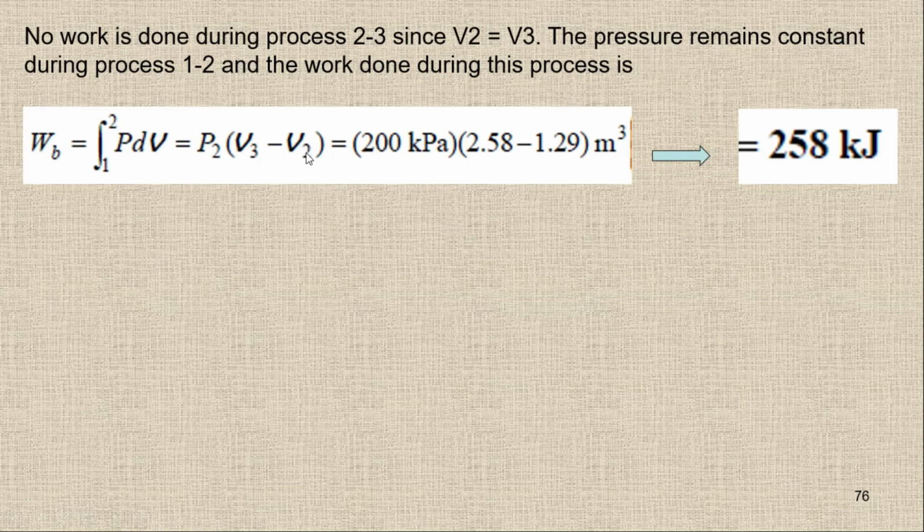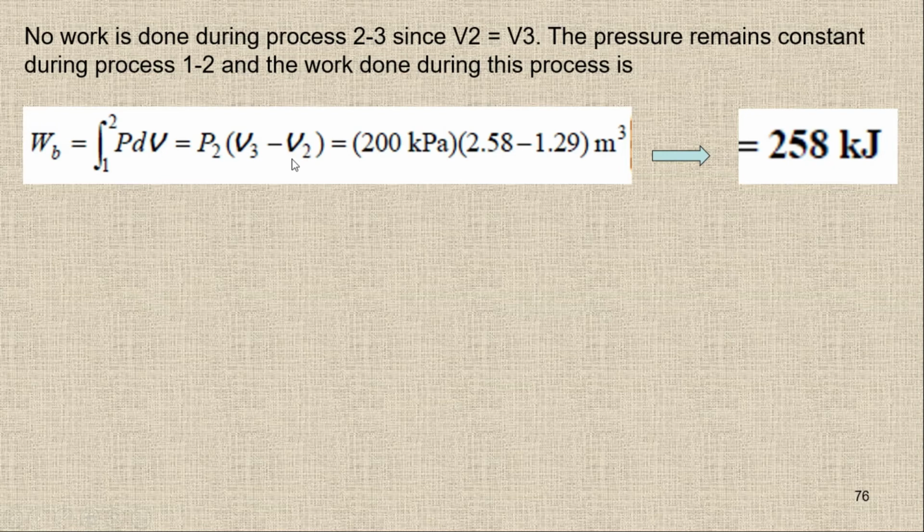By mistake I've written V2 here, because V3 and V2 are the same. This is basically V1. So we have either V2 or V3, both have the same value, but this one is V1. So P times V2 minus V1 or P times V3 minus V1, you will get the same answer. So the boundary work is equal to 258 kilojoule. So please remember that this one is V1.